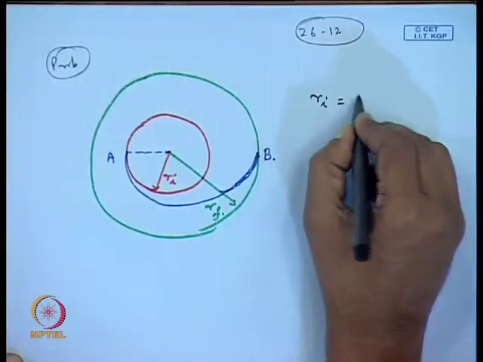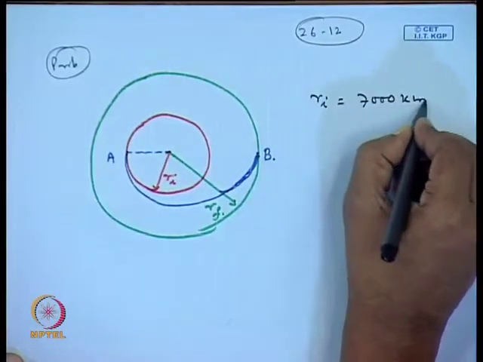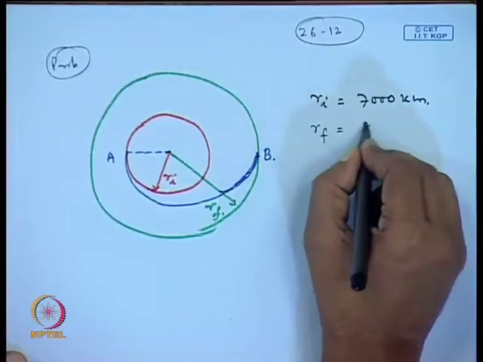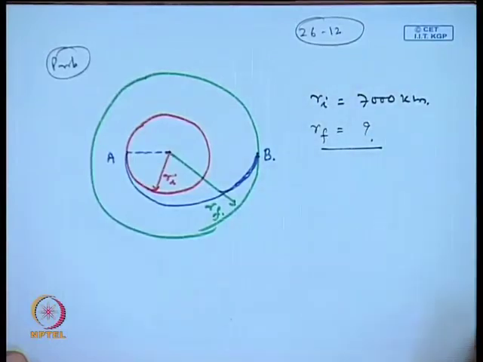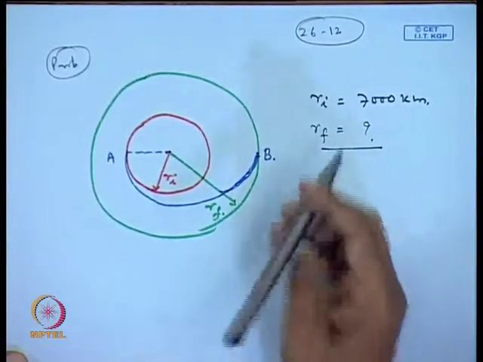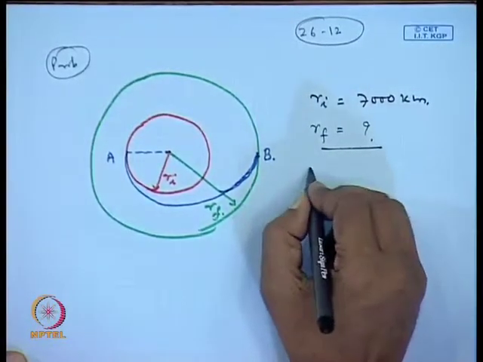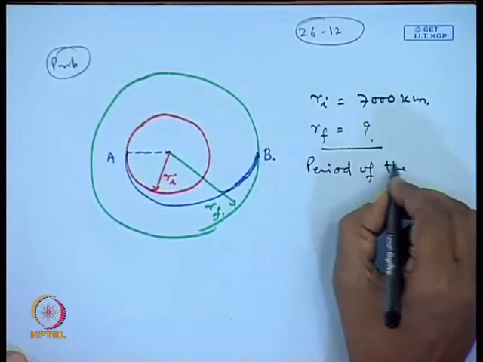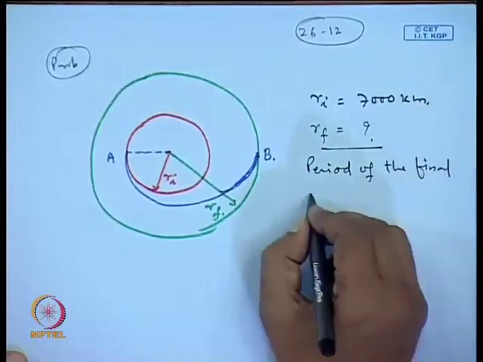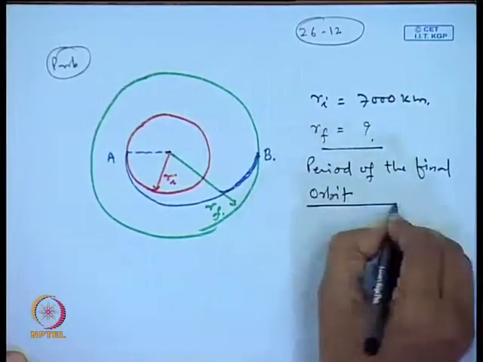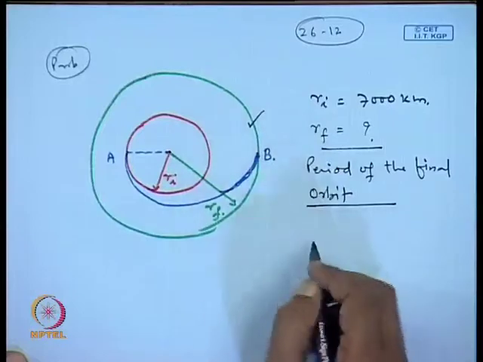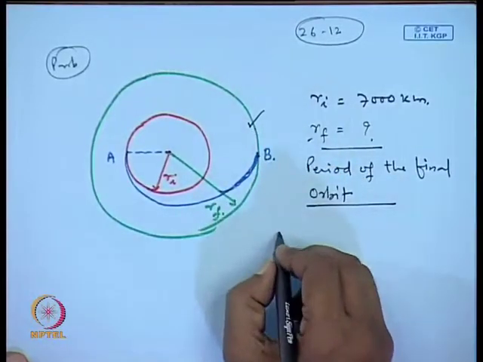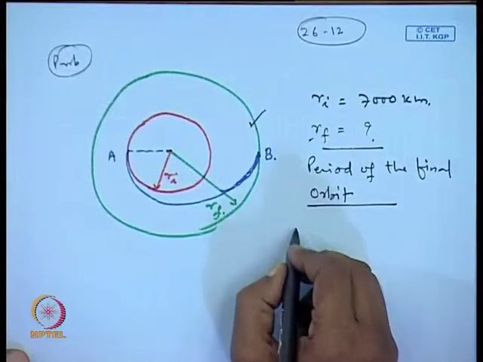So, r I is given to be 7000 kilometer. R f is not given, but instead what is given is the period of the final orbit, which is circular in this case. This is the orbit whose radius is r f and its period is given, so we can calculate it.